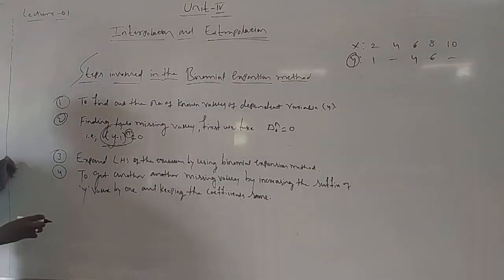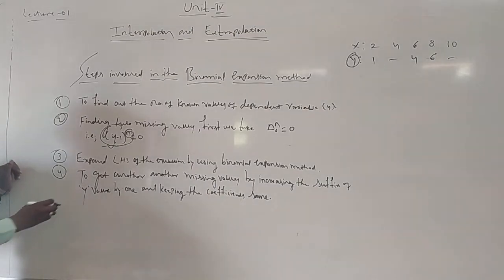We get another missing value by increasing the suffix of y value by 1 and keeping the coefficients same.